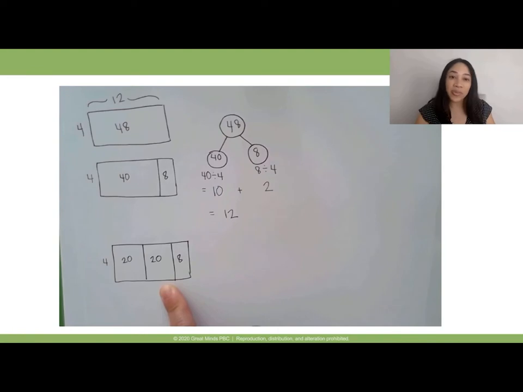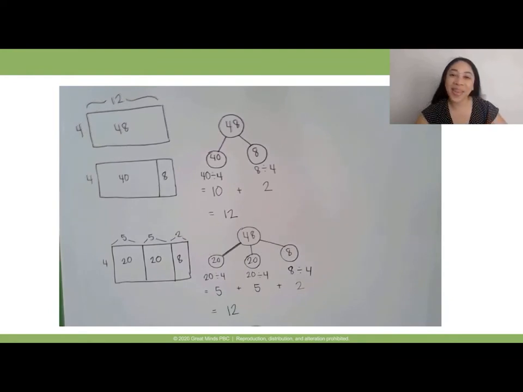Then solve for the unknown side lengths of the smaller rectangles. Welcome back. Go ahead and take a moment to compare your work with mine. You'll notice that the number bond contains 3 parts this time: 20, 20, 8. And that matches the parts of our rectangle.